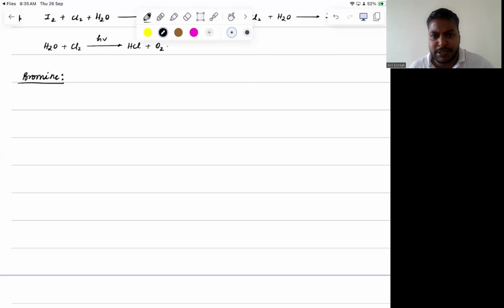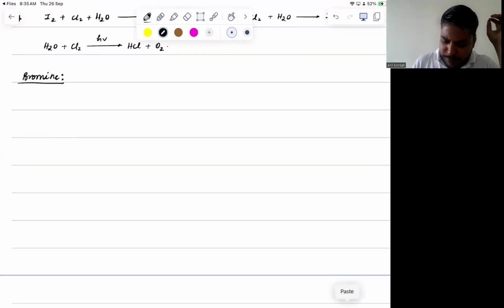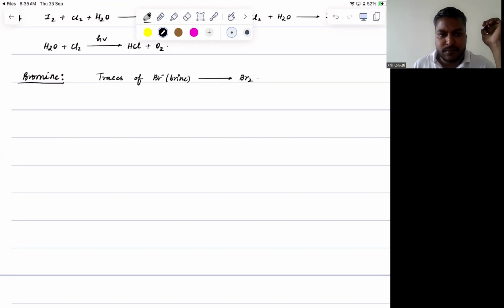Okay. Here also it will form HIO3. Next, check. Traces of Br minus from brine, that is sufficient enough to oxidize itself into Br2. Okay.